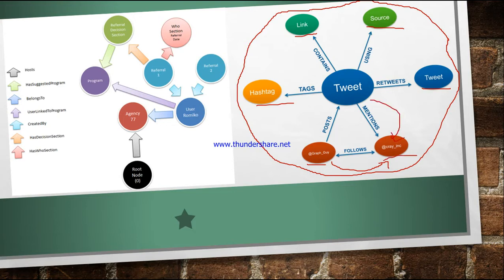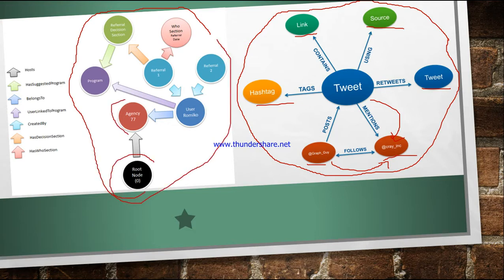So we can have this as an example of social media use of graph databases. Also, we can have this one as an example. This is a root node, references this, and so on. It goes on and on, and the uses are unlimited.